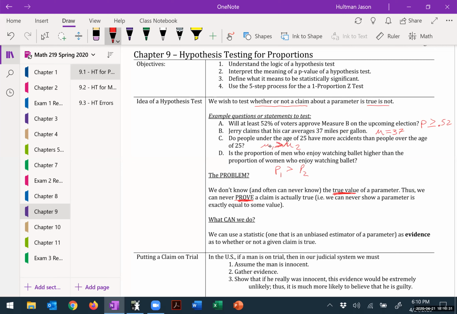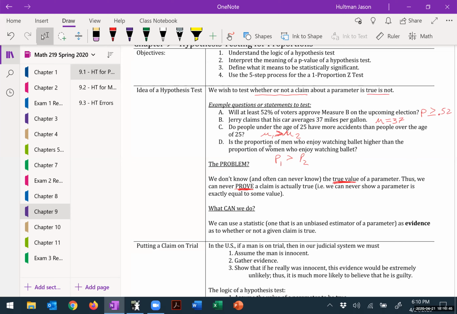We can never show that a parameter is exactly equal to some value, because we don't know the exact population proportion or mu, but we can say whether or not the claim is close. We can say that we are 95% certain that the claim is either bogus or that it could possibly be true.